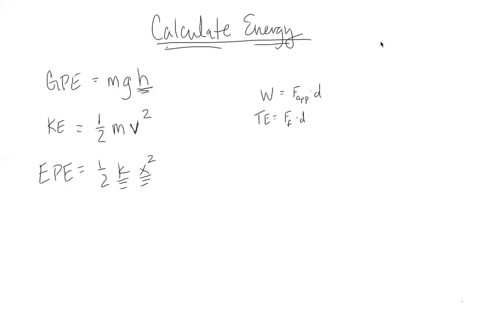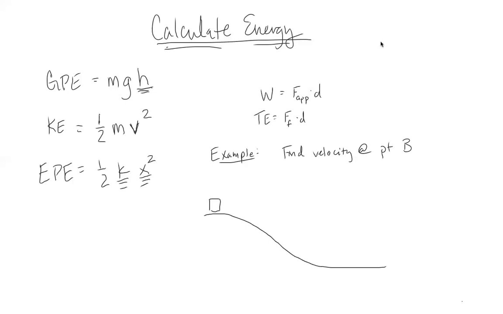All right, let's look at an example that puts it all together. We want to find the velocity at point B, and I'll talk about what point B means. This is our information. We have a cart on a hill like we've seen before.